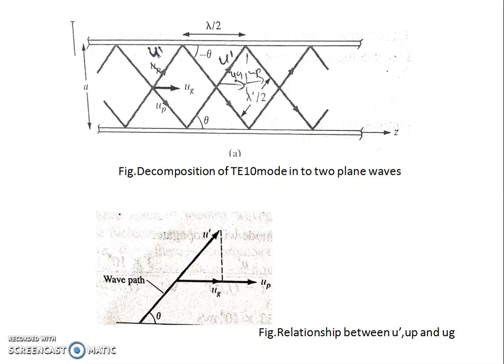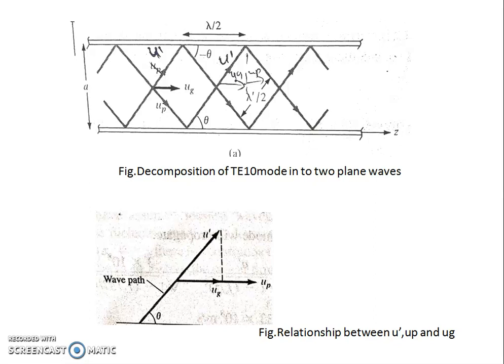And in the case of a TM wave, it is the transverse magnetic wave mode. Here the magnetic field is wholly transverse to the waveguide, which means perpendicular to the broad dimension of the waveguide. So this is the TE and TM mode of operation.